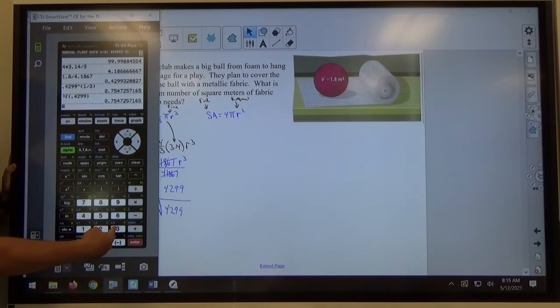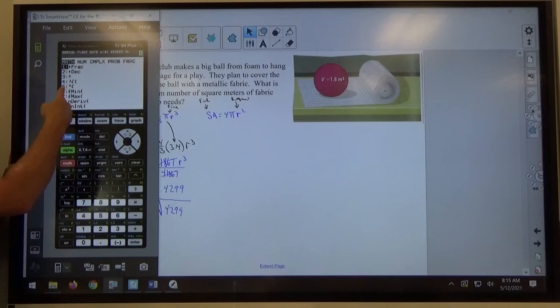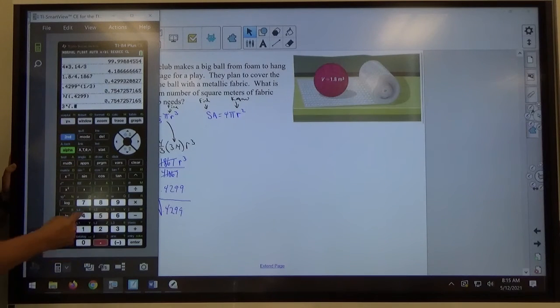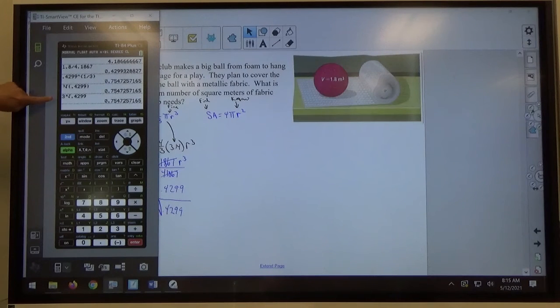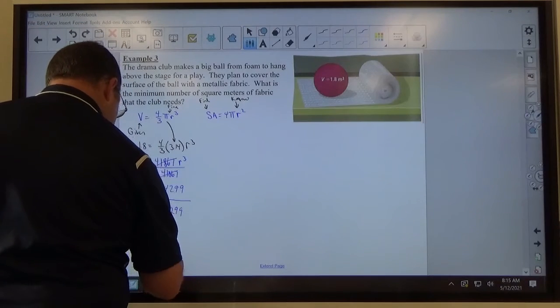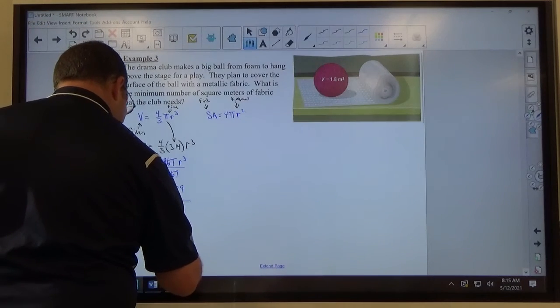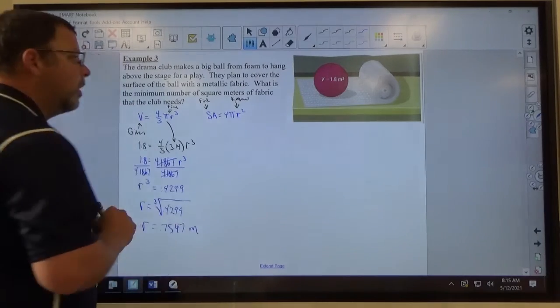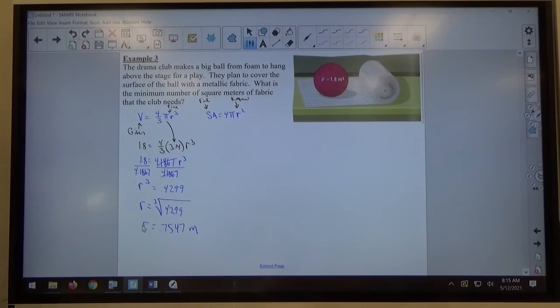If I type the 3 first and then hit the x root button, then 0.4299, okay, several different ways. I think on these gray calculators, that's how you have to do it. So 0.7547 is the radius, 0.7547 meters. Cubic meters was the volume unit, so the radius unit should be meters to the first power.